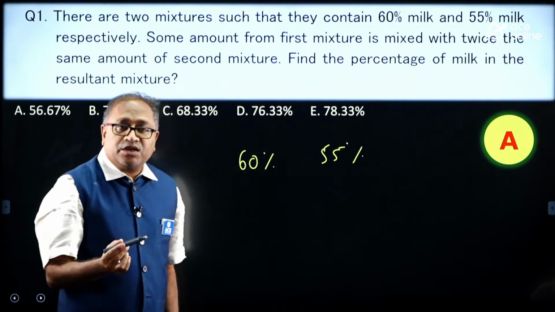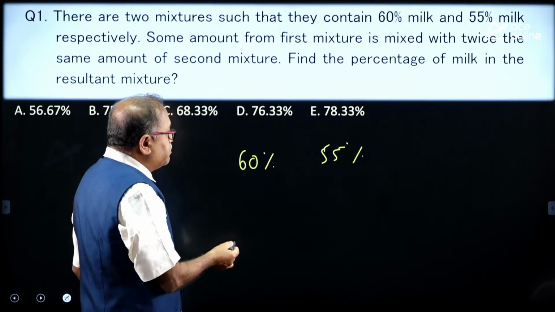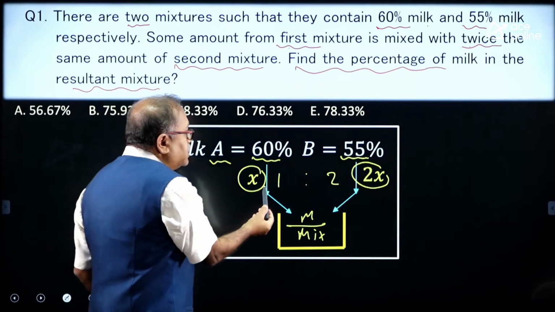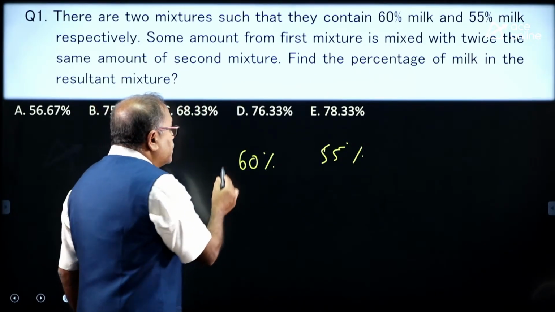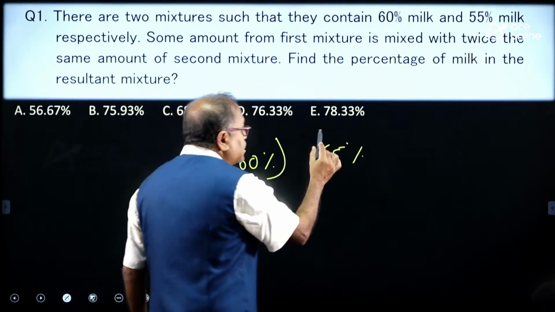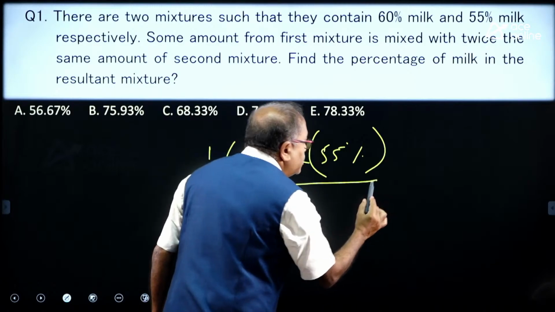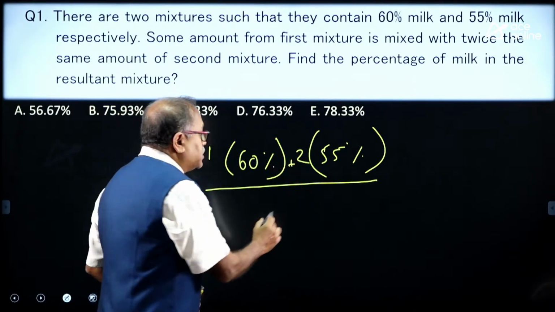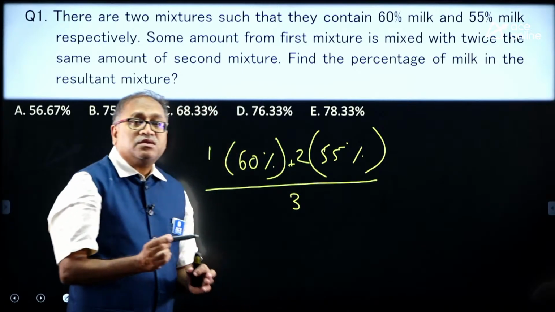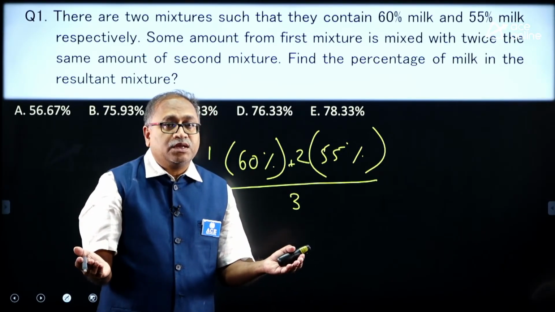They have taken in the ratio of 1:2, which is given in the question. The first one it is taken 1 part and the second one it is taken 2 parts. Multiply these two, divide it by 1 plus 2, that is 3. That is the overall percentage of milk you will be getting, that is all.